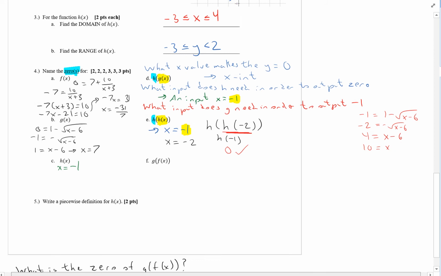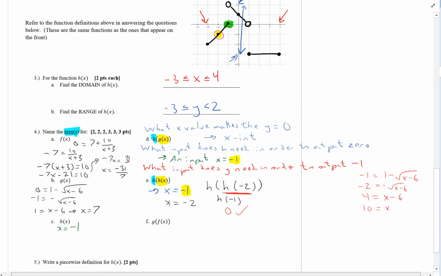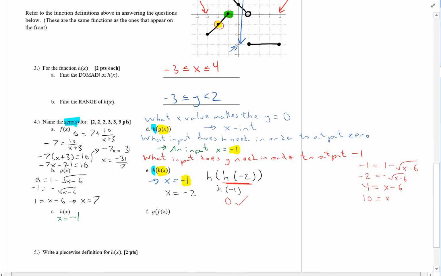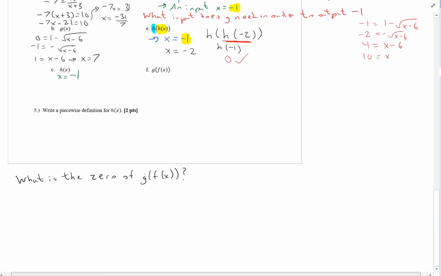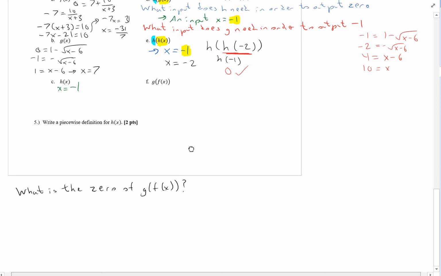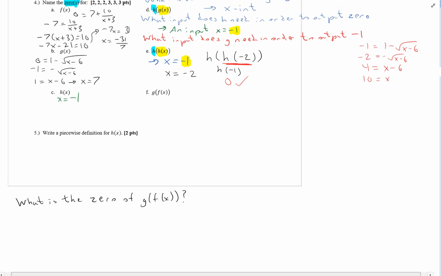I don't know if anything in Algebra 2 is normal. G of f. So we're saying, what is the 0 of g? What do I need as an input to make the outer function equal to 0? Well, luckily, I already know that from over here.